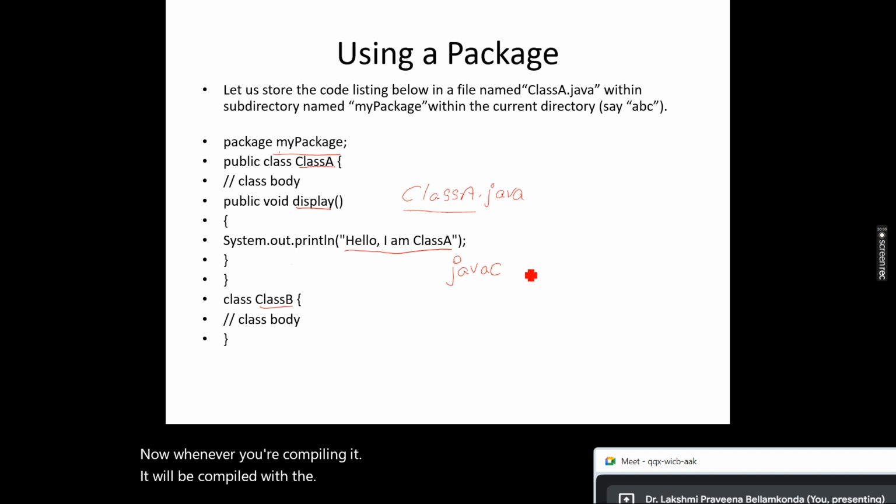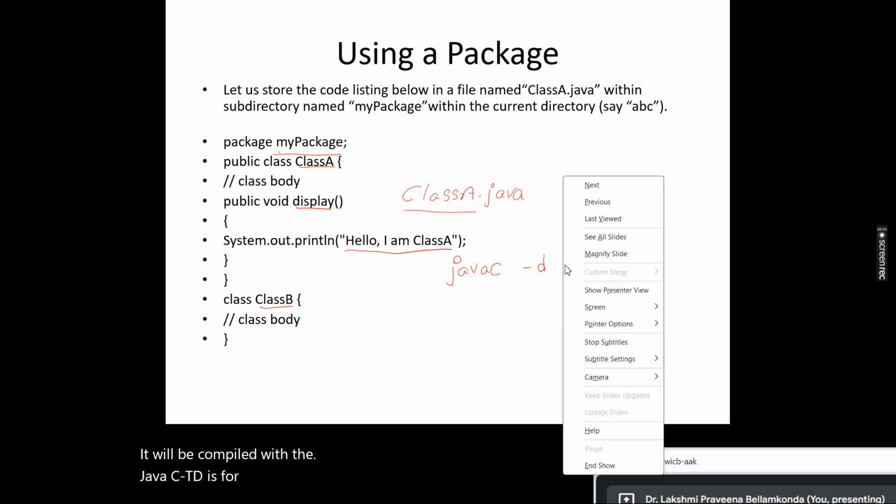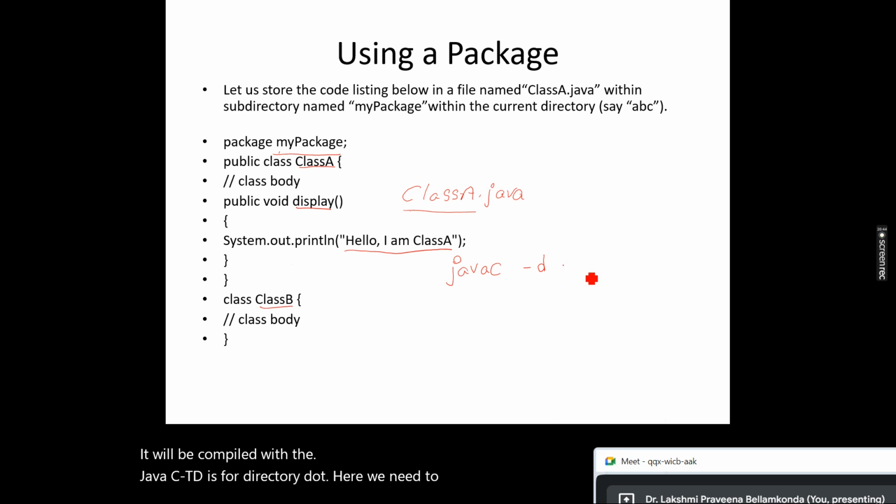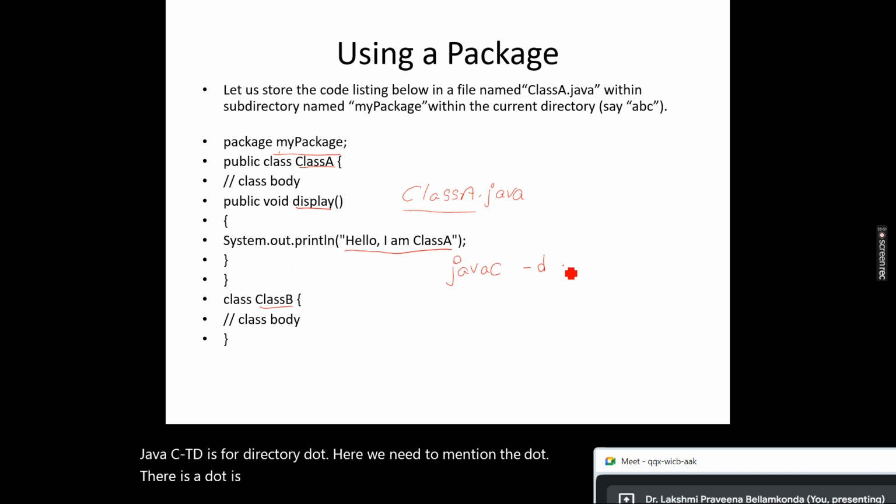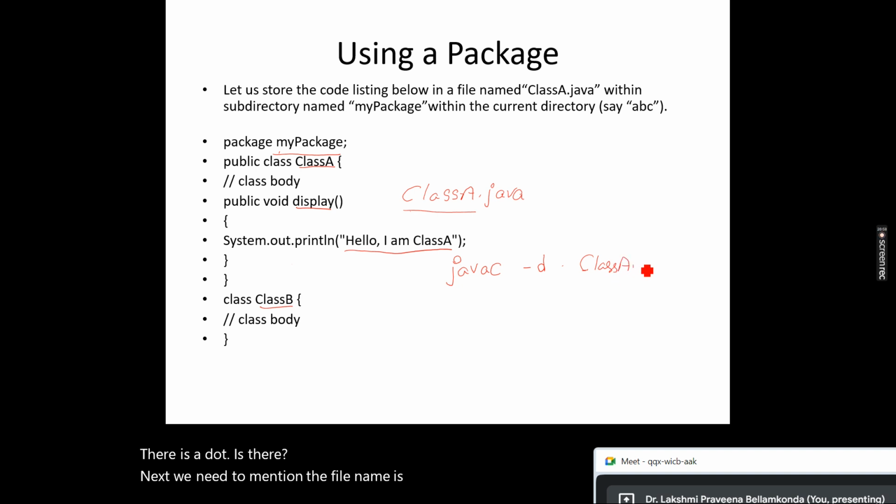java c hyphen d. D is for directory. Dot, here we need to mention the dot. Next we need to mention the file name, class A dot java.